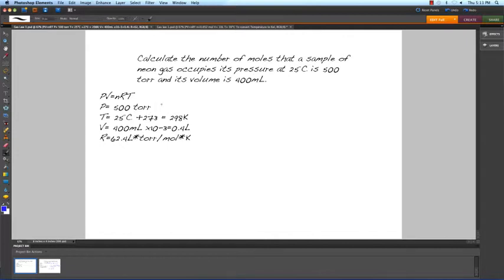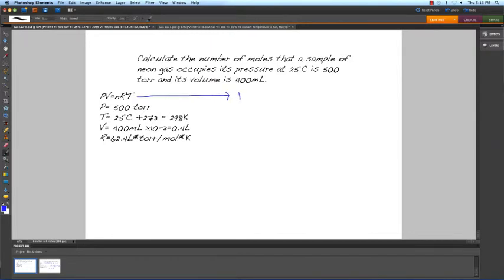So because of that, remember the gas constant is dependent on the units of pressure, temperature, and volume. Our R value, our gas constant, is actually different. It is now 62.4 liters times torr divided by moles times Kelvin. In this problem, we're solving for moles, so we're going to manipulate the equation. I'm going to do that over here.